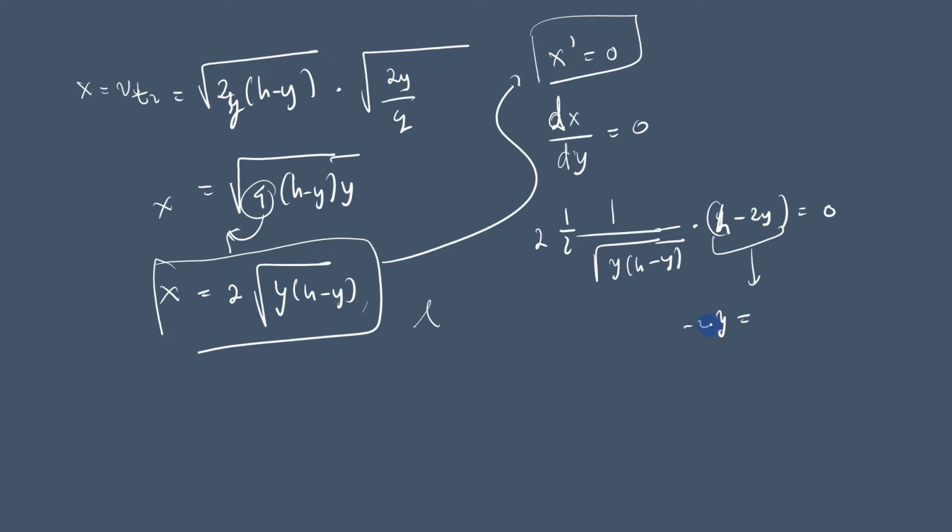So y is h divided by 2. This is the value of y at the maximum distance.